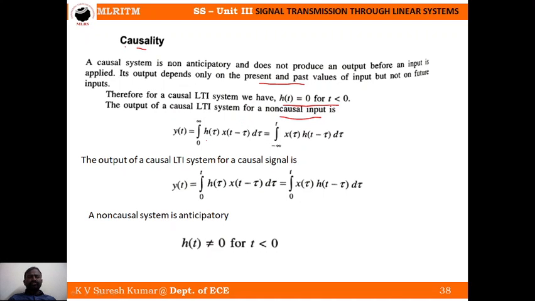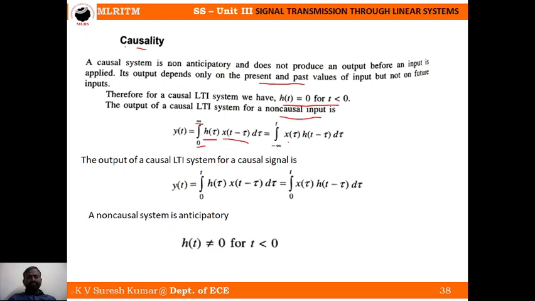So if you take the integral of h of tau into x of t minus tau, where x of t minus tau runs from minus infinity to infinity, applied to a causal system, then h of tau is from 0 to infinity. The common area between minus infinity to infinity and 0 to infinity will be 0 to infinity. Therefore the limits also will be from 0 to infinity.